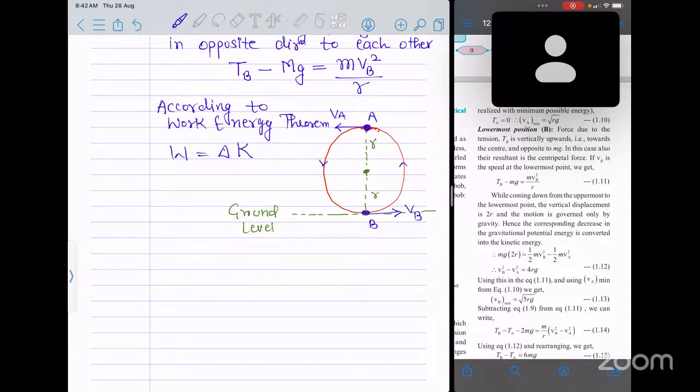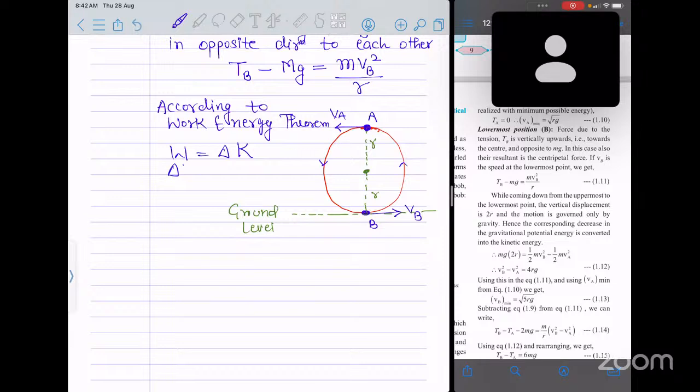So it doesn't matter whether the object comes through the circular path or directly downward from height h, the work done will be the same.